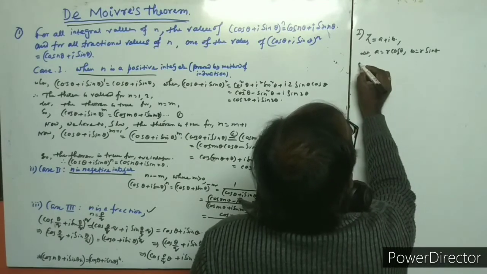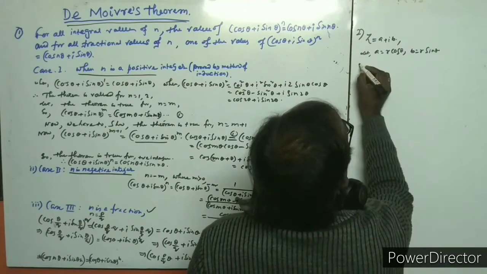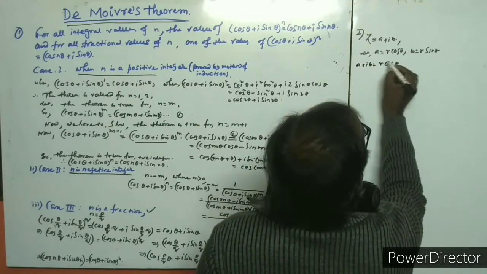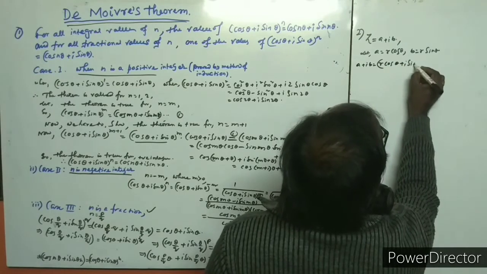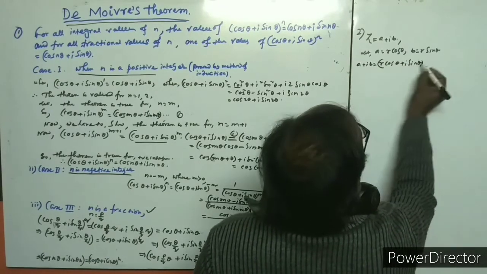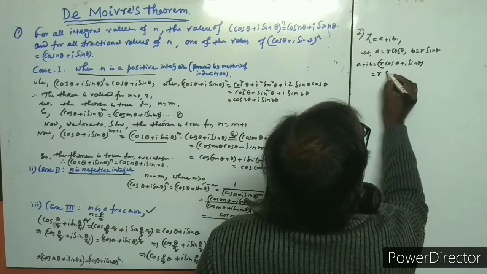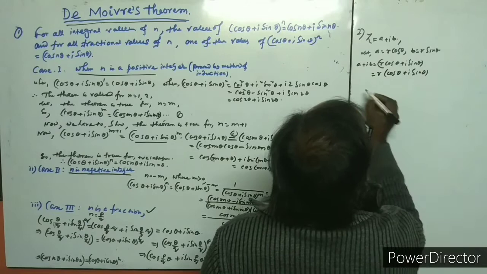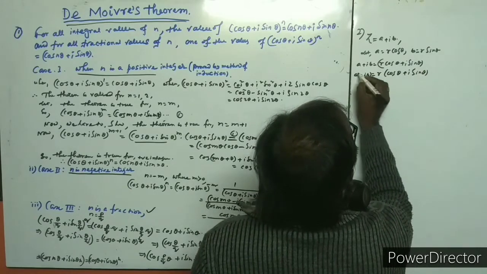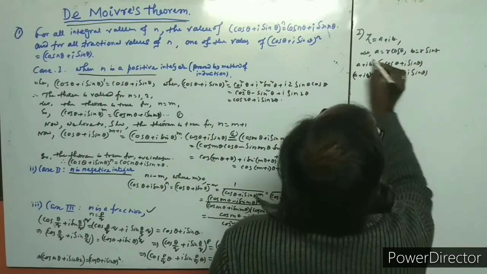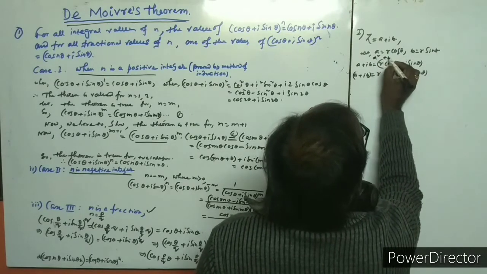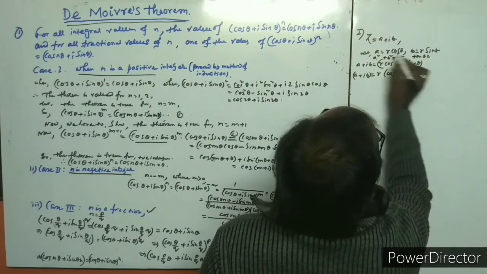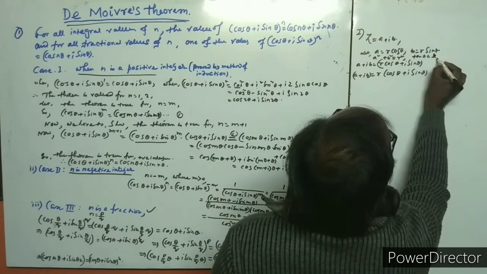Now see, a + ib = r cos θ + i r sin θ, and that is equal to, taking r common, r(cos θ + i sin θ). This is a + ib here. So a² + b² = r², and tan θ, dividing, we get b/a.